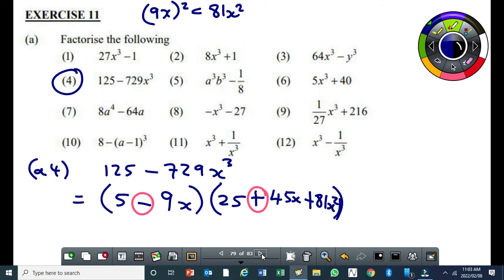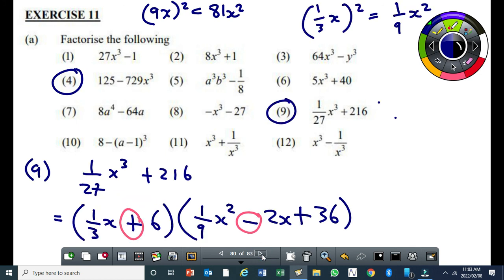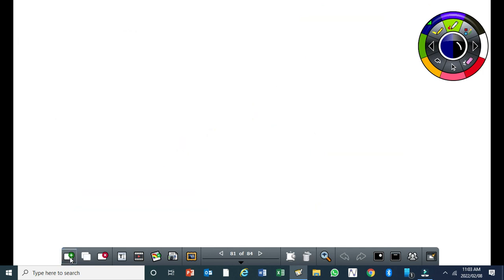Did I give you 2 only here? Number 11. Okay. Alright, let's talk about number 11. So number 11, we have x cubed plus 1 over x cubed. Looks scary, but it's not. Just use the same concept. It's just that here, the second term is a fraction.